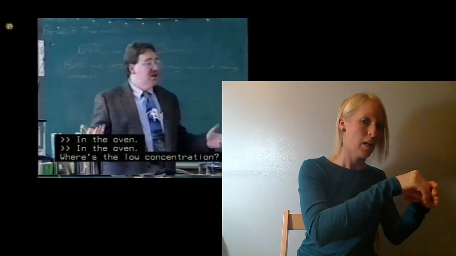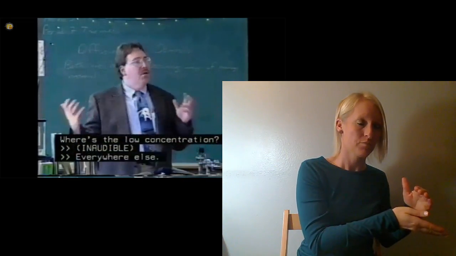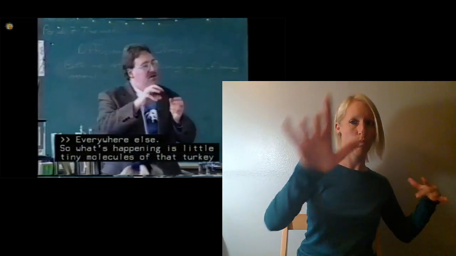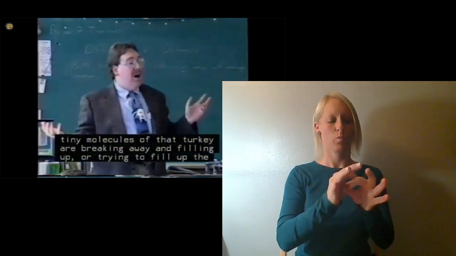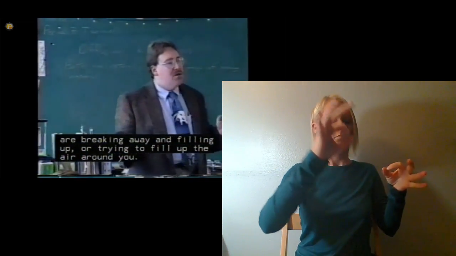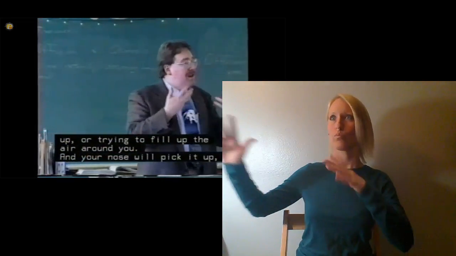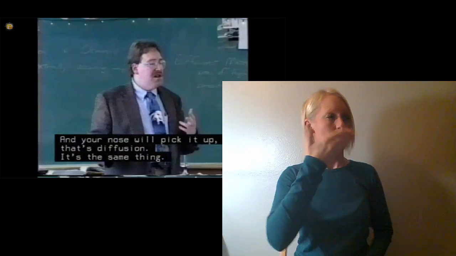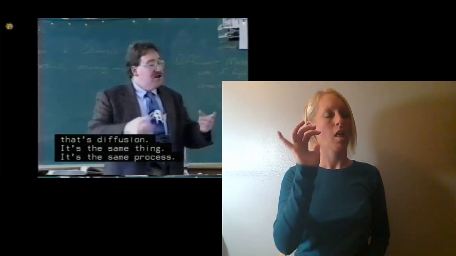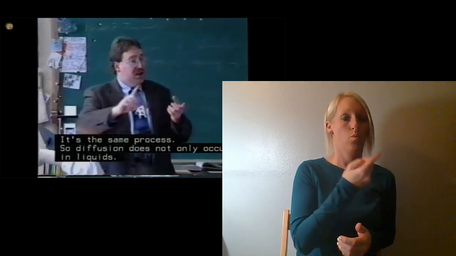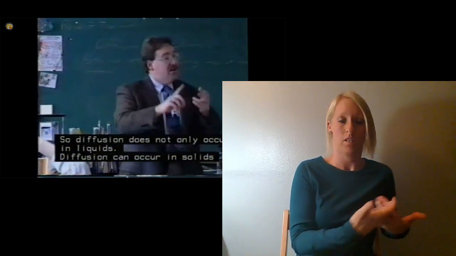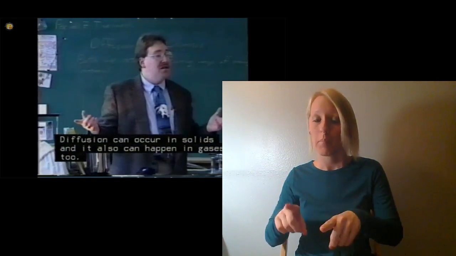Where's the low concentration? Everywhere else. So little tiny molecules of that turkey are breaking away and filling up the air around you, and your nose will pick it up. That's diffusion. It's the same process. So diffusion does not only occur in liquids, it can occur in solids, and it can also happen in gases too.